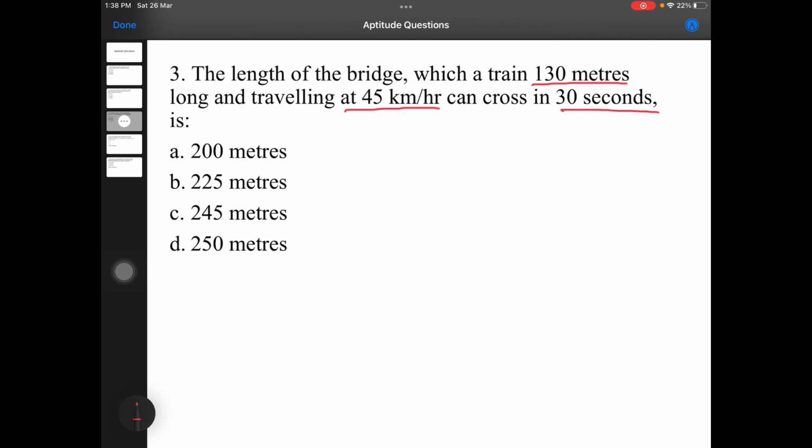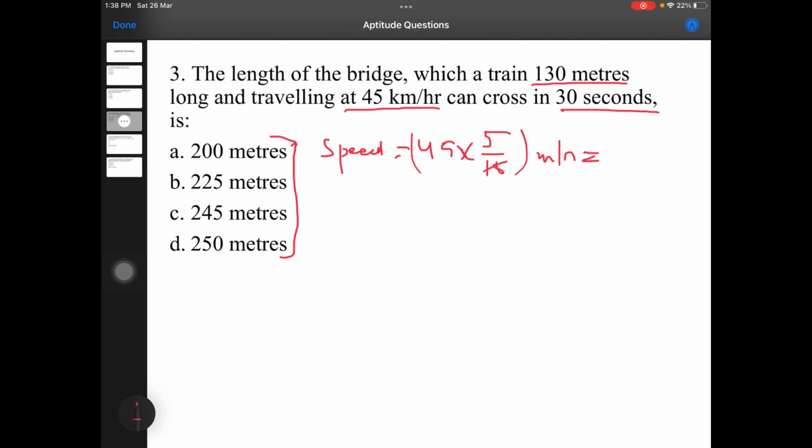But here when we see the options given, all the options are in meters. So first we have to convert the speed of the train into meter per second. To convert this, we have to multiply 45 by 5 by 18 meter per second.